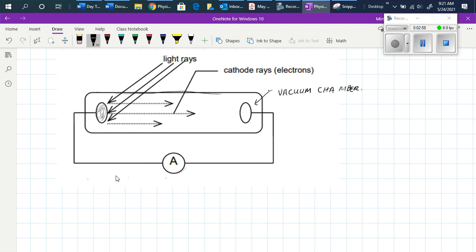Any frequency that is below the threshold frequency will not produce any photoelectric effect, any motion of the electrons. Different materials have a different threshold frequency.